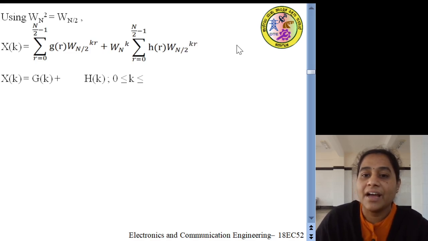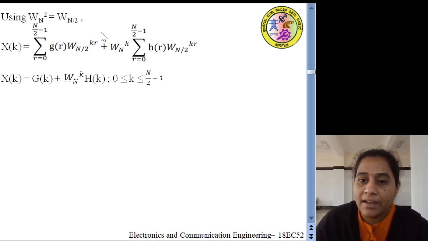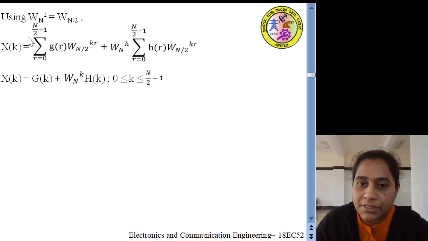So here observe these terms. The first term represents the N/2 point DFT of g(r), and the second term represents the N/2 point DFT of h(r).